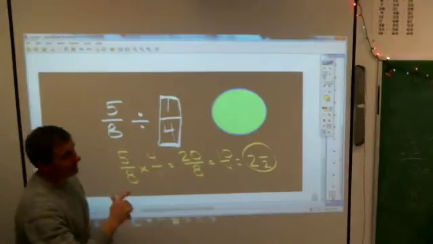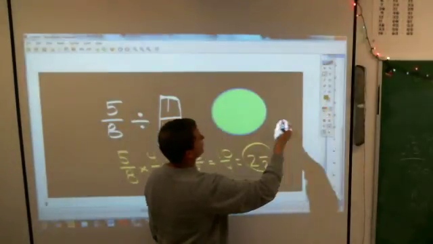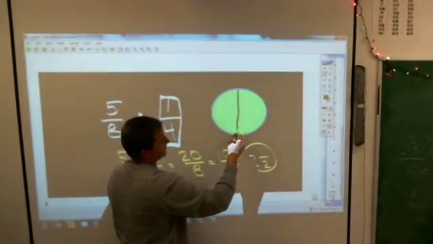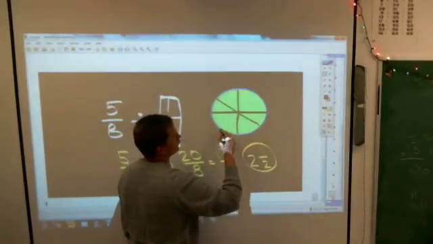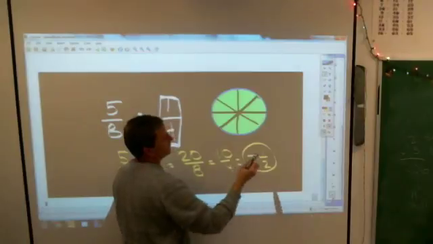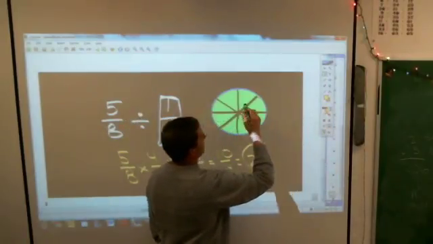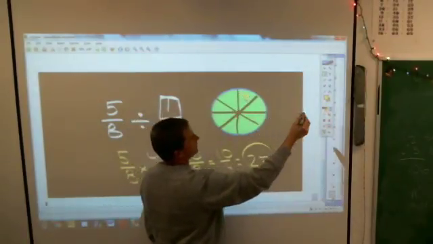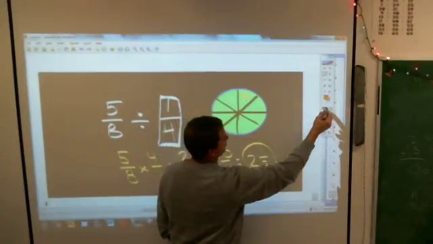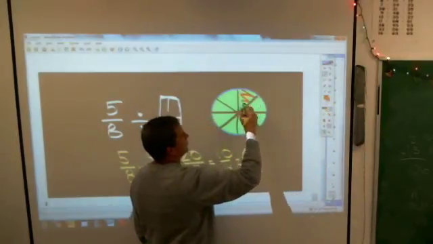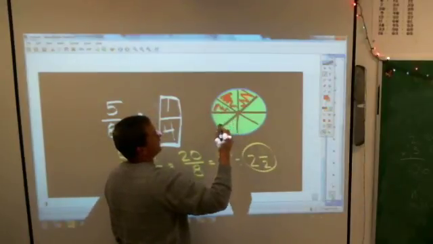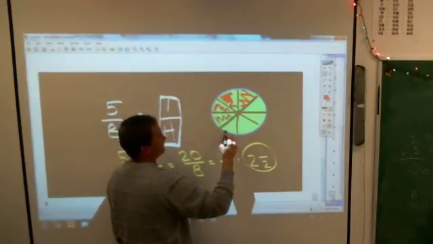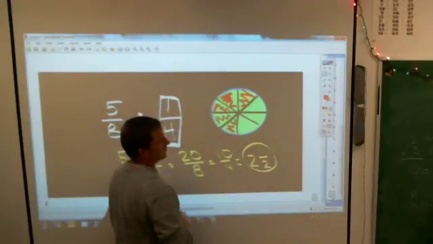I'm starting with 5/8. So I'm going to cut my circle into 8s. I'm starting with 5/8. So that, what color is that? Let's go red. Here's 1/8, 2/8, 3/8, 4/8, 5/8. That's what I'm starting with, right?